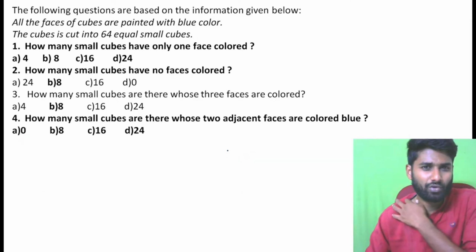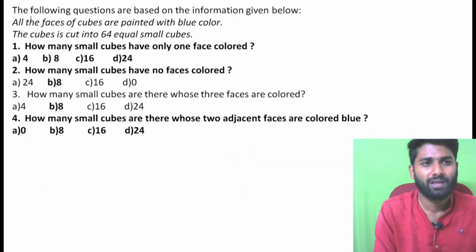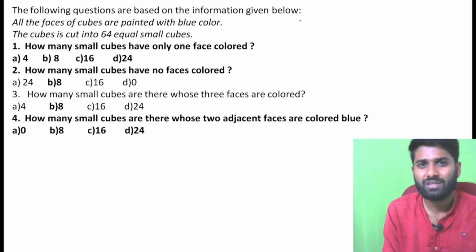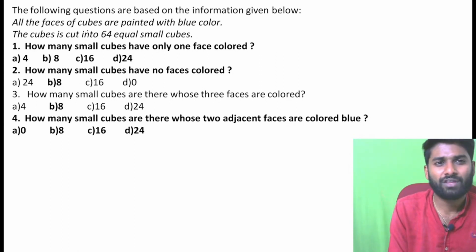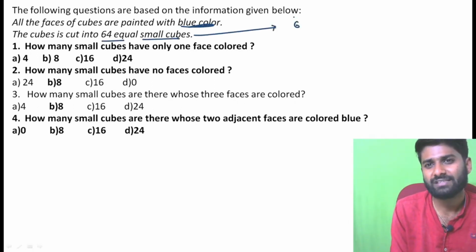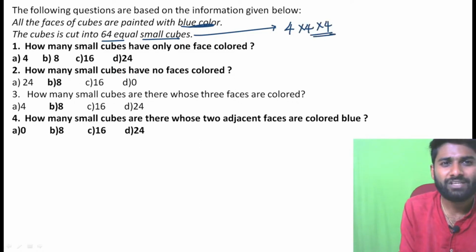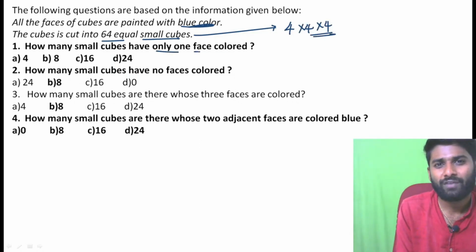Now how can we go with this type of question? The following questions are based on the information given below. If all the faces of a cube are painted with blue color, and it is cut into 64 equal small cubes, then 64 means the matrix is exactly 4 into 4 into 4. Now the question: how many small cubes have only one face colored?